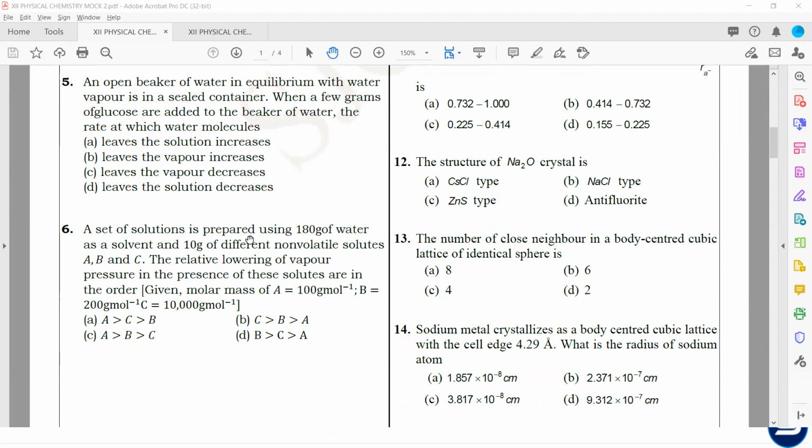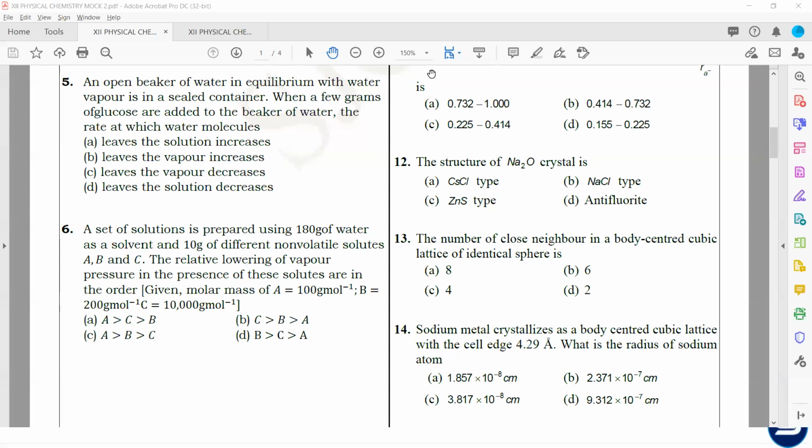An open beaker of water in equilibrium with water vapor is in a sealed container and a few grams of glucose are added to the beaker of water. The rate at which water molecules leave the solution. Now this is a simple concept of a non-volatile solute added to a volatile solvent. What happens to the vapor pressure?